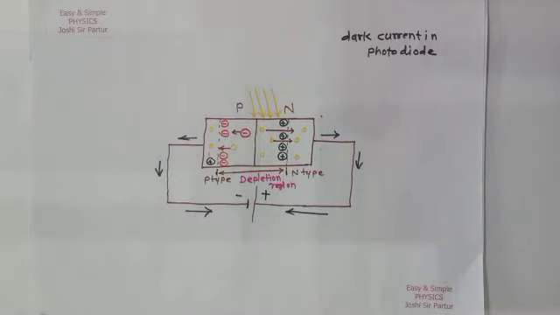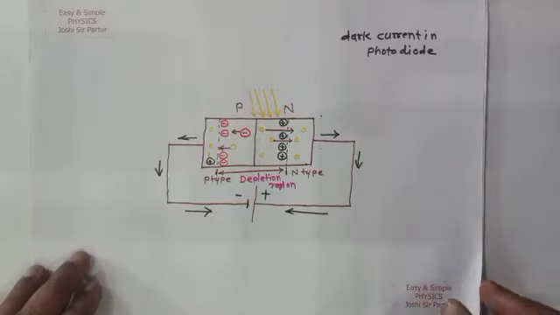Electrons are attracted towards the cathode, whereas holes are attracted towards the anode, so that carriers are available for conduction and reverse current is increased.